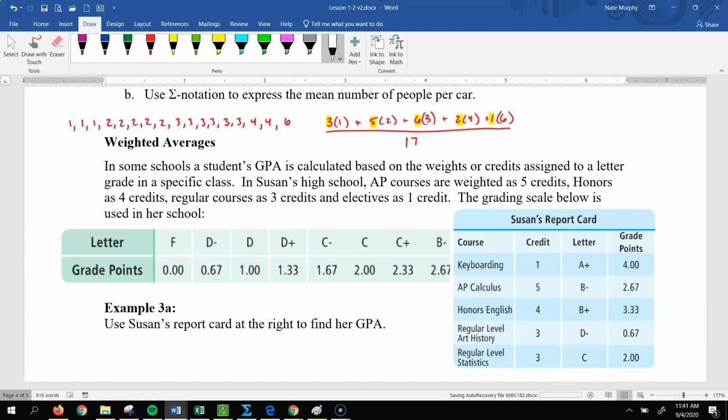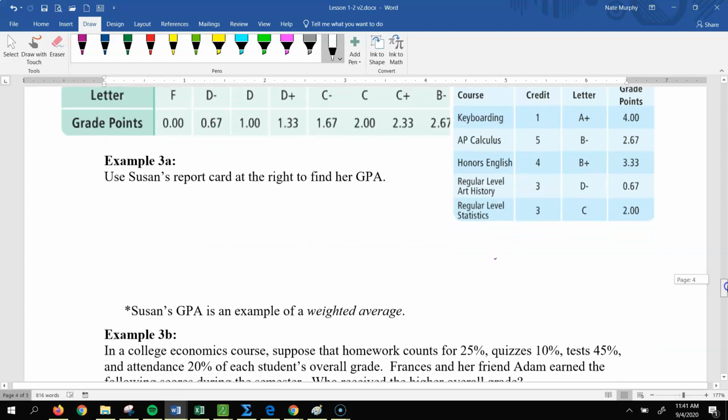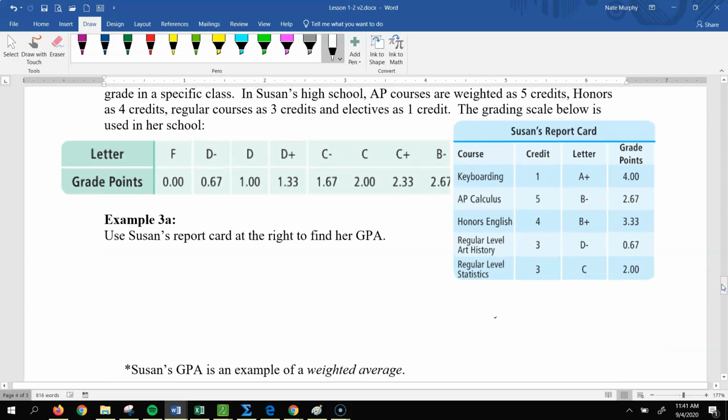So if we wanted to figure out her GPA based on that report card there, here's how we would set that up. We would say that, all right, that keyboarding class that she got an A+ in, it's only given a weight of 1, or a credit of 1, so it's only worth 1 credit, and her grade point for that A+ would be a 4.0.